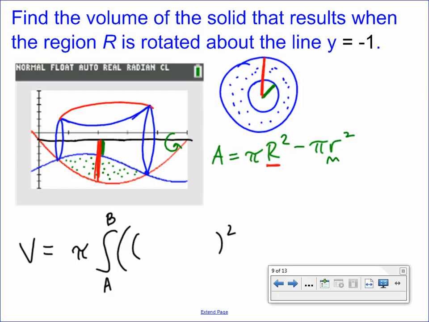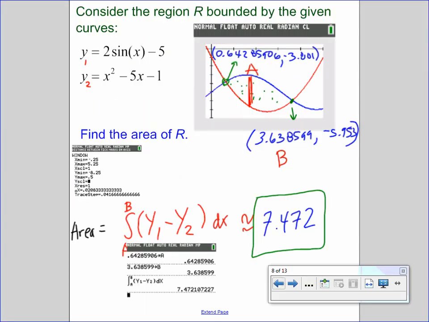That's y equals what? Negative 1 minus bottom curve, solve for y. Wait, isn't my red radius the outer radius? My bottom curve, solve for y. That's my parabola. That was which one? That was y2? Yes? y2?